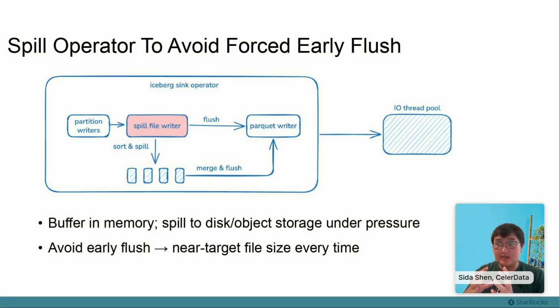We can hold data for as long as it needs until it hits a target file size, and then we do a flush, right? This is the same spill mechanism we use on the query side, so it's not only a local disk spill, it's also an object storage spill. It doesn't matter how big your target file size is, it's never going to OOM because of this.